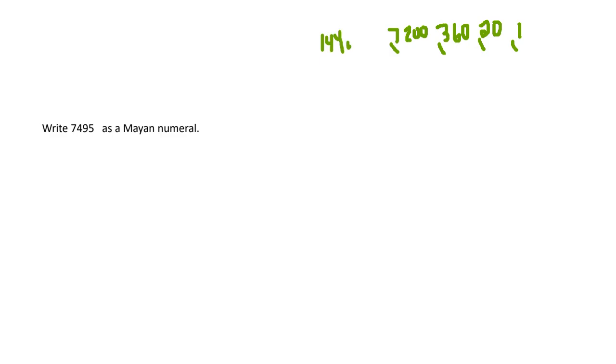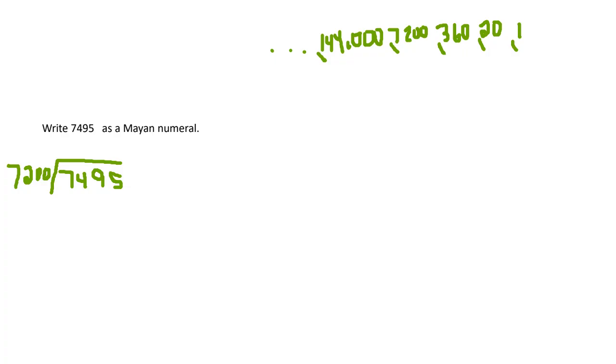Okay. All right, so we take our number 7,495, and we want to divide by whichever place value will go in here first. So that would be 7,200. And so that goes in 1 time.